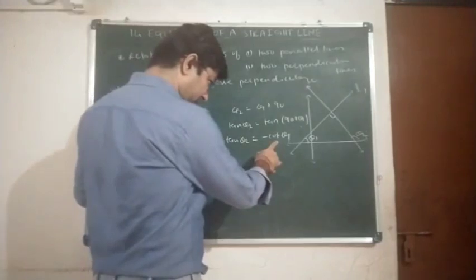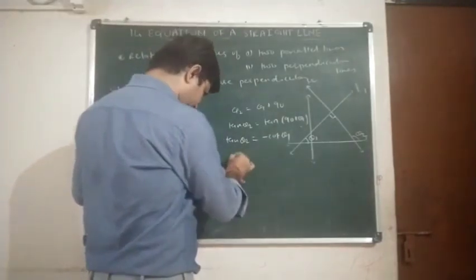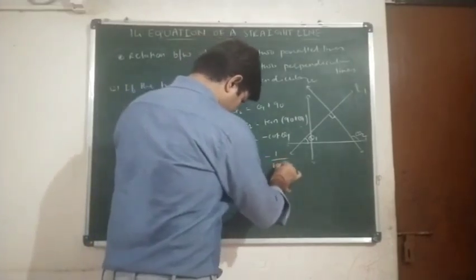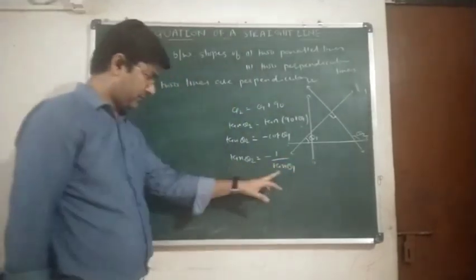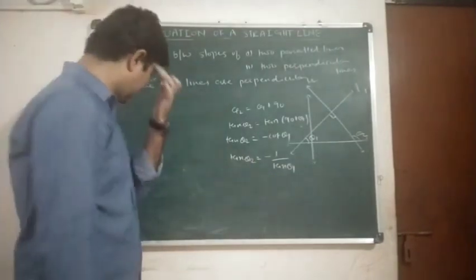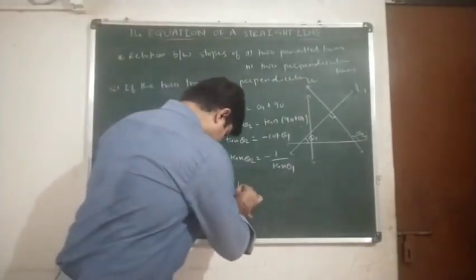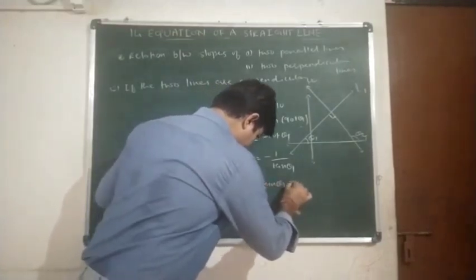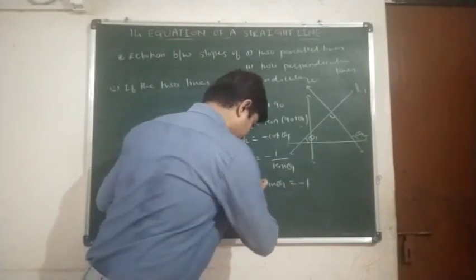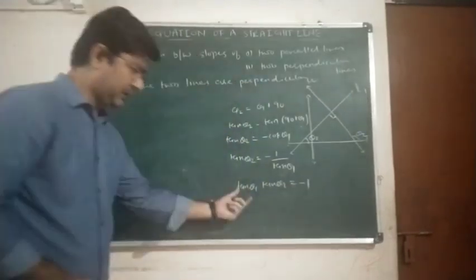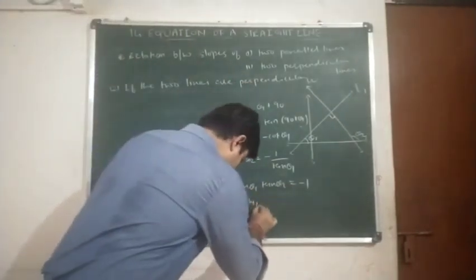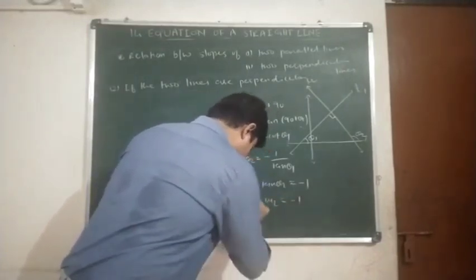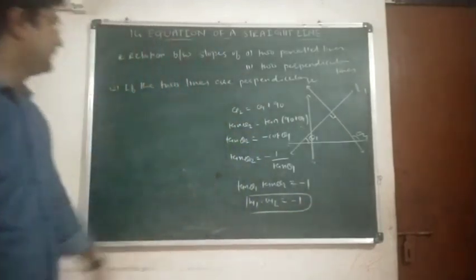Cot theta 1 can be written as 1 upon tan theta 1, and therefore multiplying tan theta 1 with tan theta 2 we get tan theta 1 into tan theta 2 is equal to minus 1. Since tan theta 1 is represented by slope m1 and tan theta 2 is represented by slope m2, m1 into m2 is equal to minus 1.